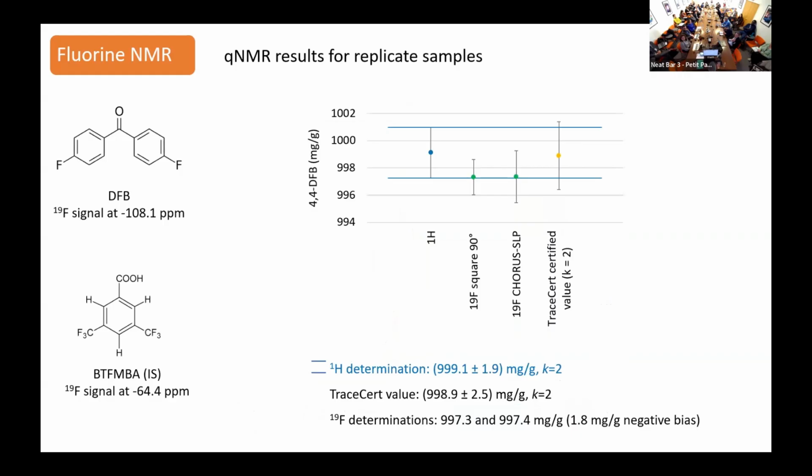So using these parameters, we did a quantification of this difluorobenzophenone using BTFMBA as the internal standard. Here are the results using proton NMR, and the results using fluorine were good, inside the uncertainty range. So we could use the square 90-degree pulse or the Chorus sequence, and we got good results with both of them. This was the certified value.